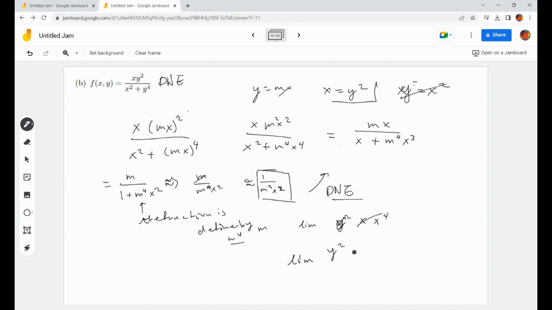So the limit of y squared times y squared divided by y^4 plus y^4 gives you, if x equals 0, 1 half, because y^4 divided by y^4 plus y^4 gives you 1 half.